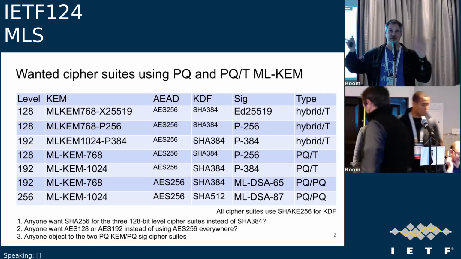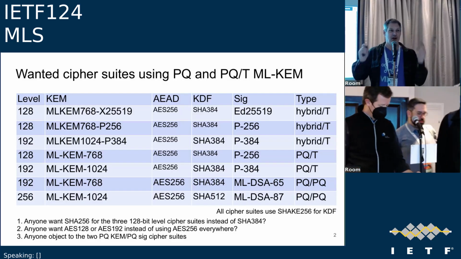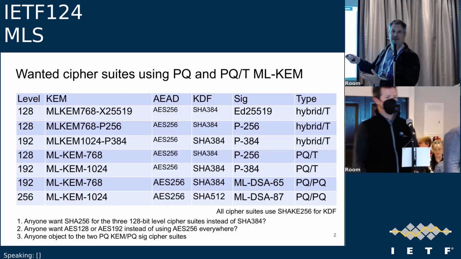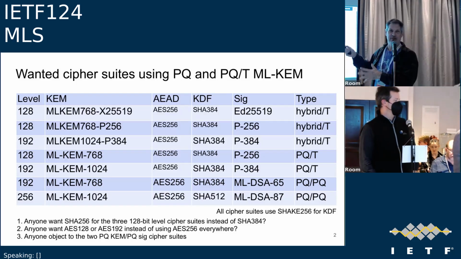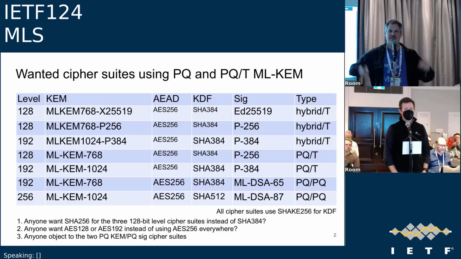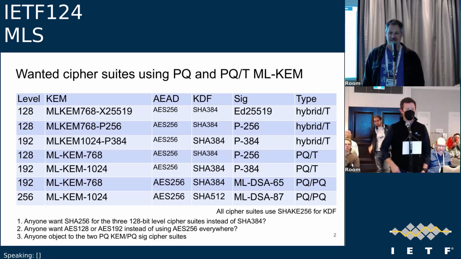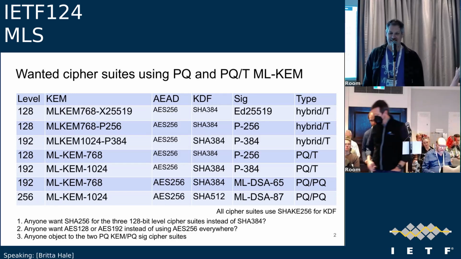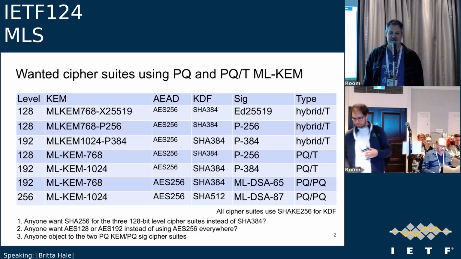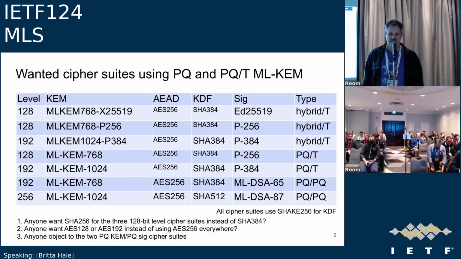So anyway, specifically those 3 questions that I asked, does anybody feel uncomfortable with the direction that we're going with the contents of this table? Oh, there's a queue. Britta: Not uncomfortable, but I would say having a 1024 and 87 option with SHA-384 would be nice.